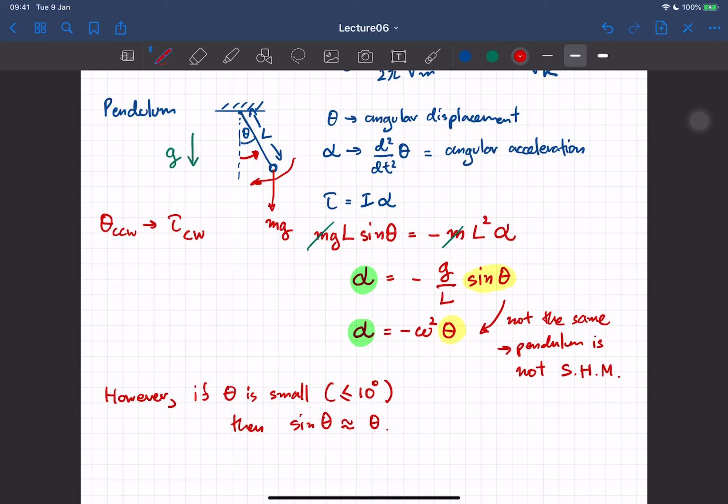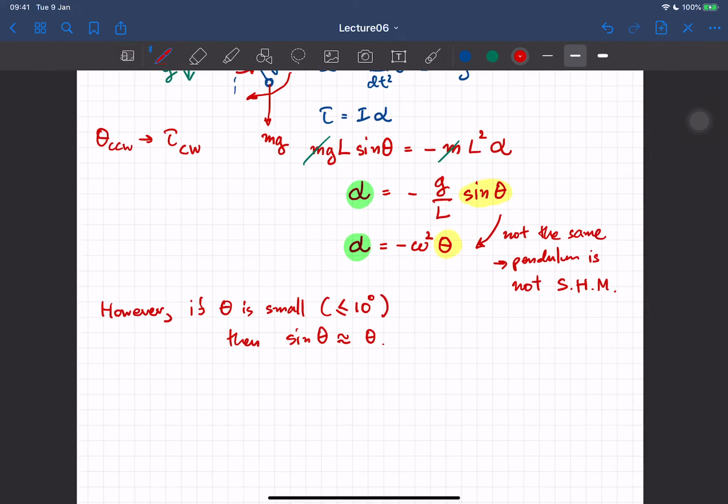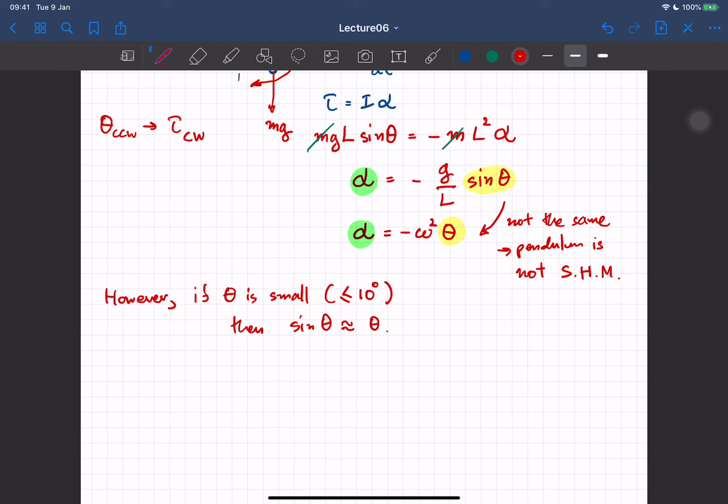If you don't believe this, you can verify it with your calculator. But theta has to be in radians. In degrees it doesn't work. So if you put in theta equal to 0.01 radian, you're going to see that sine of 0.01 is very close to 0.01 itself.